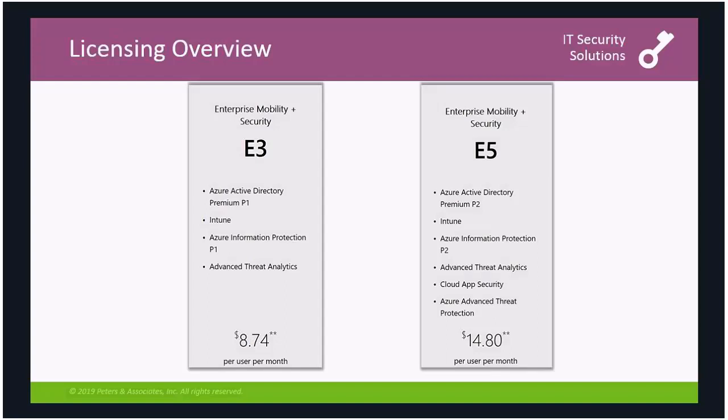And some people have this on their EA agreement and they're like, I don't even know what I own necessarily, or I'm not taking advantage of it. But the pricing is certainly there for you to kind of look at what's available in the suites and at what price. There's a website under EMS, if you've Googled or Binged EMS E3 pricing, and you're going to get a dictated screen of exactly those items.